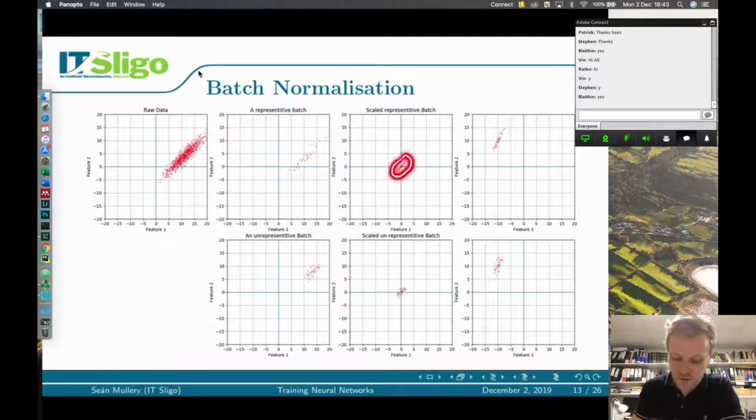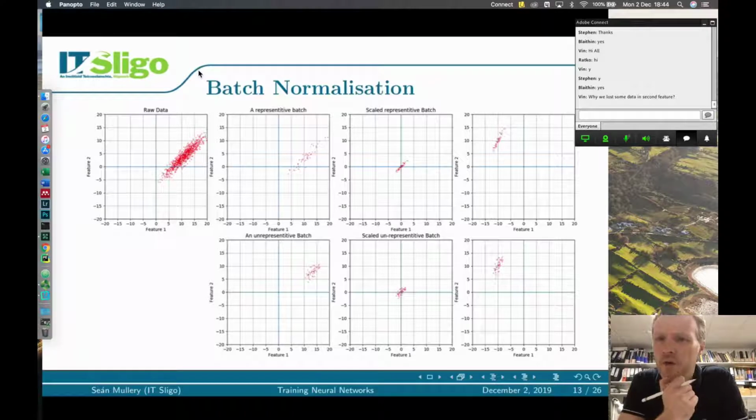And actually there's not a whole lot of difference between this one and this one, and that's simply because we've done our calculations based on the batch rather than on the entire set, which we don't have access to. The second thing is that we then learn, and you can see the gamma value that we would learn in each case. So we've learned a gamma value here of about minus 10 on that feature and plus 10 on this feature, as regards to where we've shifted it to. And then I can't remember what standard deviation I've learned.